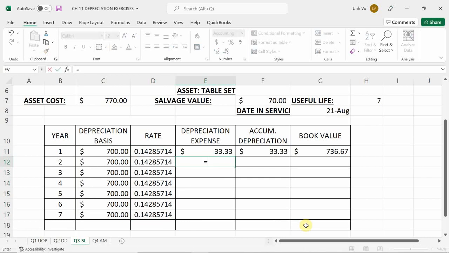So what's my depreciation expense going to be? 33.33. That's only a third of a year. This time you're depreciating for the whole year. 100? It'd be 100.